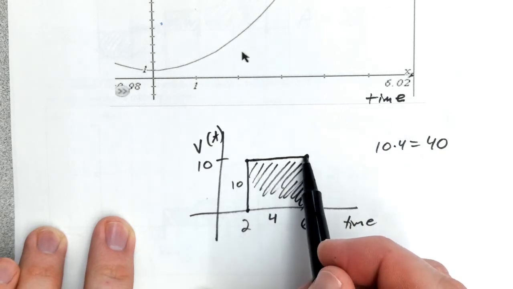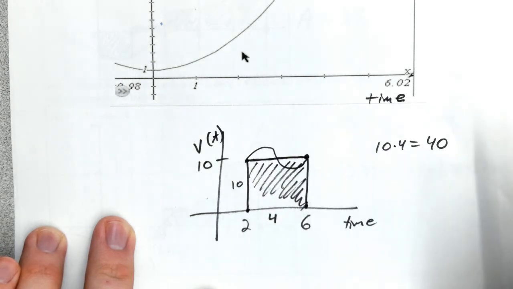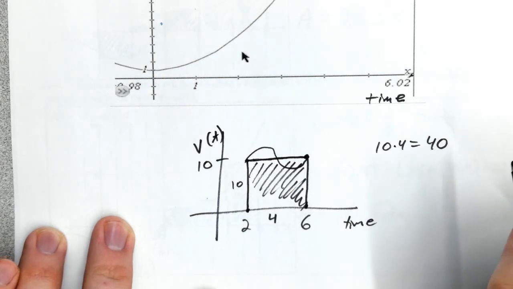So if our velocity curve is squiggly, we can still use that same principle to figure out the displacement or the total distance traveled of the particle.